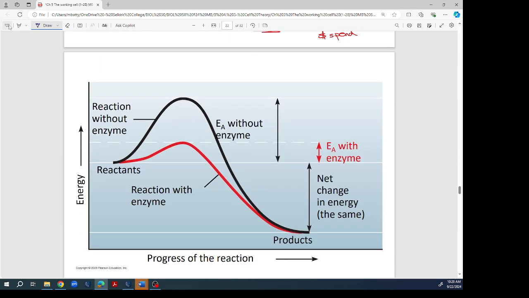So this is a chemical reaction. It would be an exergonic reaction because we've got a lot of energy in the things we start with and a little energy there. Generally, we're going to have this amount of energy coming out, right? If we were to do it without an enzyme, so this is the chemical reaction without an enzyme, look at this big hill it has to climb over. This is the barrier.